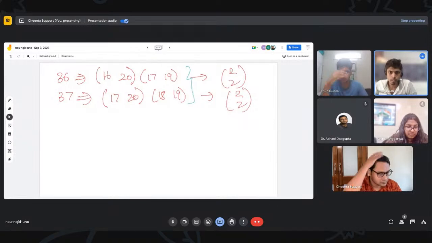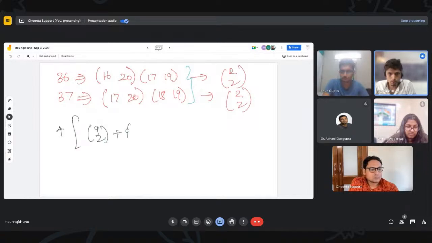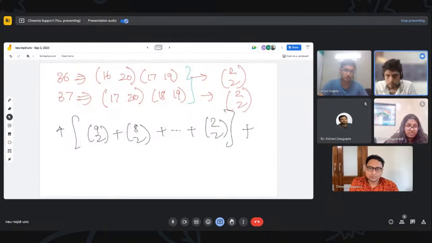By symmetry, you can easily see that every number occurs 4 times. So we will write that 4 times of 9 choose 2 plus 8 choose 2 till 2 choose 2. But we missed one number. I think that should be 10 choose 2. I think we counted everything else.